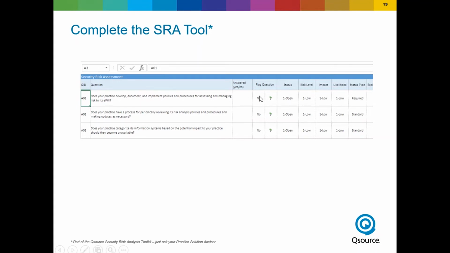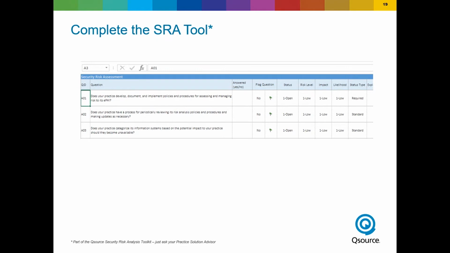But if the answer were no, then in the mitigation, you want to make sure that you're documenting who is going to mitigate this, when they're going to mitigate it. So you want a date, and it needs to be within the period of time of your next year.